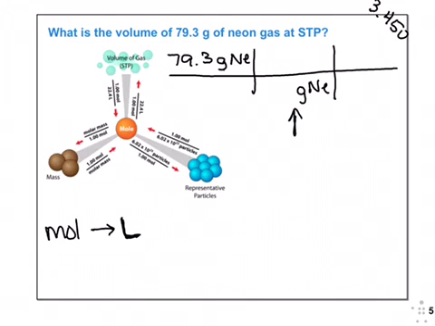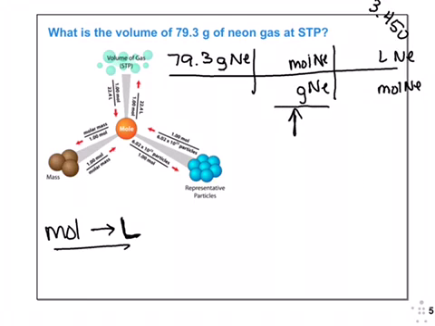So we need, in this step, to go from grams into moles. Can we go grams to moles? Is there a ratio that allows us to do that? Yes. So we can go moles of neon. And then this ratio says we can go from moles of neon into liters of neon. Now all we have to do is plug in the numbers.